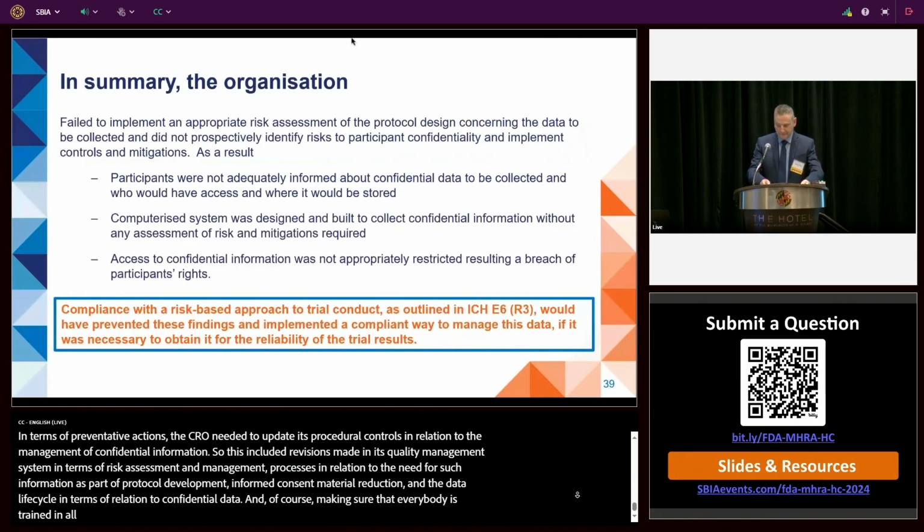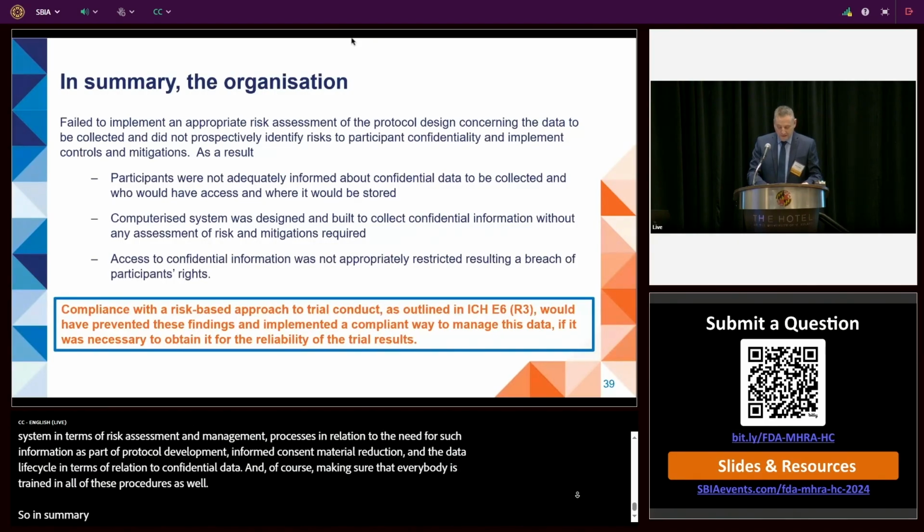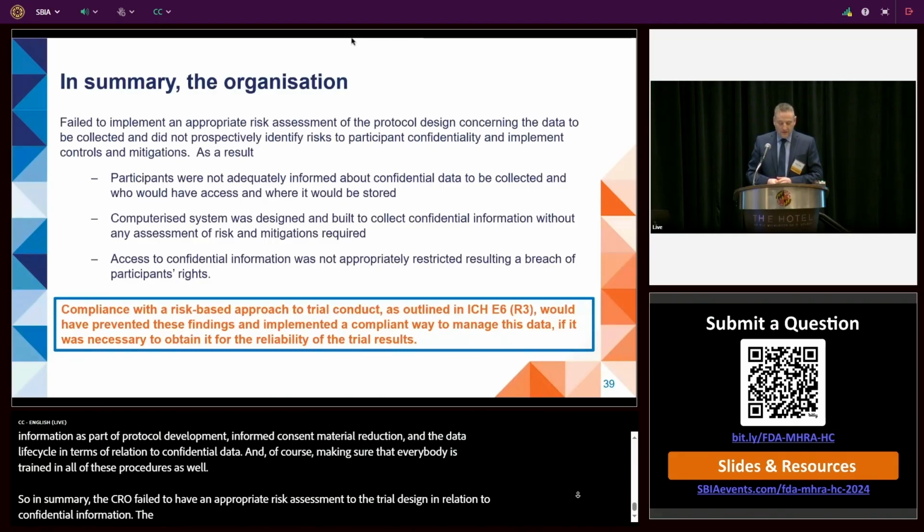So in summary, the CRO failed to have an appropriate risk assessment of the trial design in relation to confidential information. So the trial participants weren't told what such confidential data would be collected, and why and where the data would be stored.